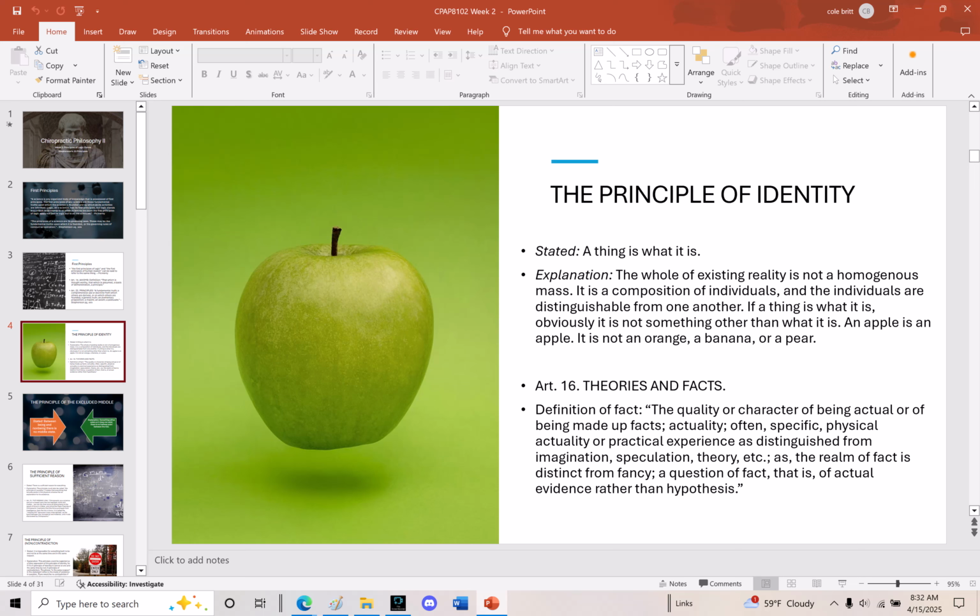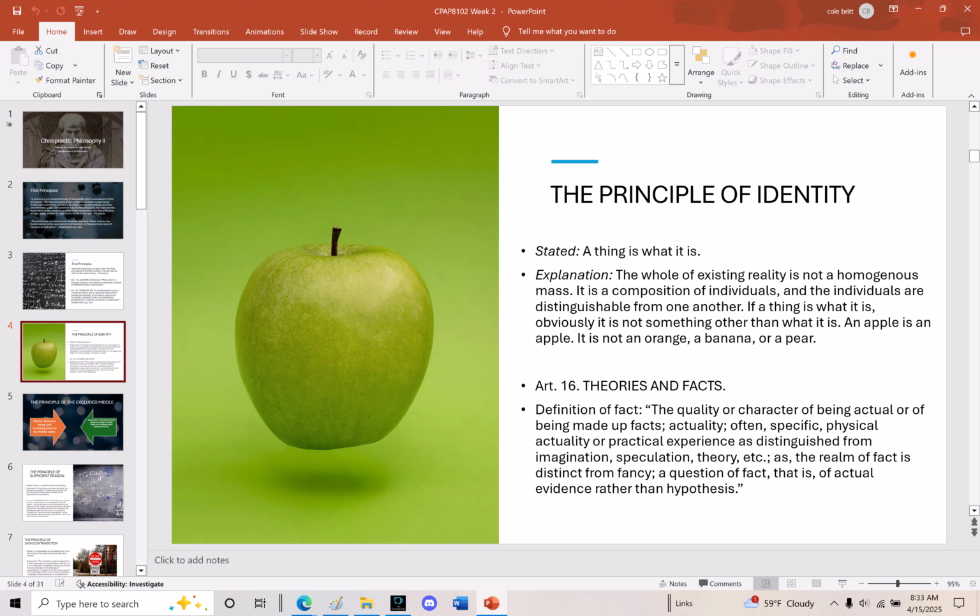An apple is an apple. It's not an orange or a banana or a pear. This goes back to McInerney's commitments, realism. The chair is the chair is the chair. If what I'm seeing here is actually the case. Okay? This is as it appears to me. That's what he means by it is what it is. Does that make sense? It actually is as it appears to me.